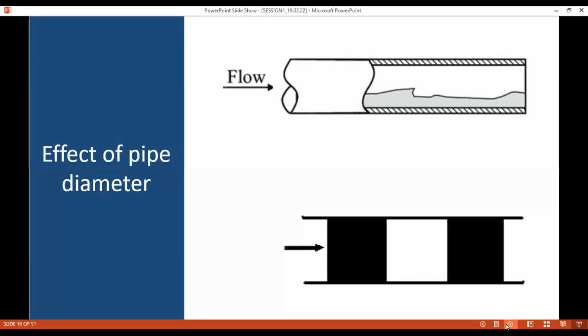So you see the top figure, the ash actually flows across the bottom of the pipe. Ideally, it should have been as per the bottom figure. The most ideal situation would have been if the air could push the entire cross section of the ash. Now that is not the case. So what is happening?